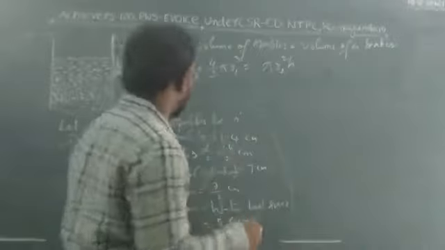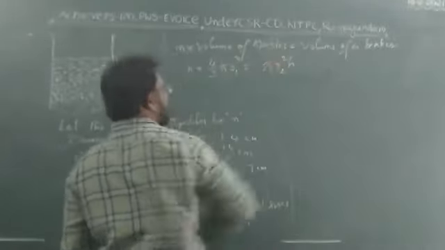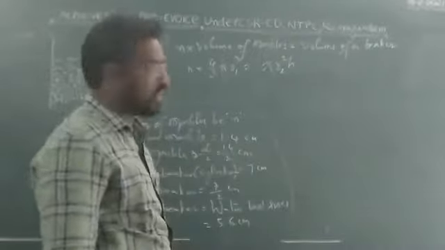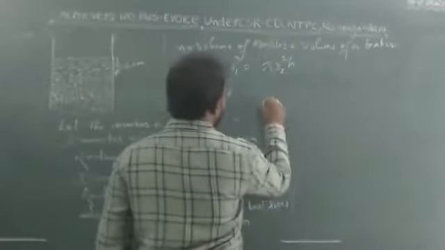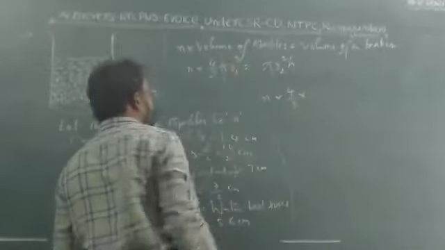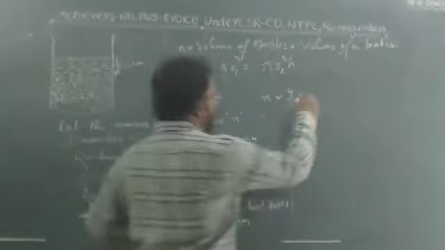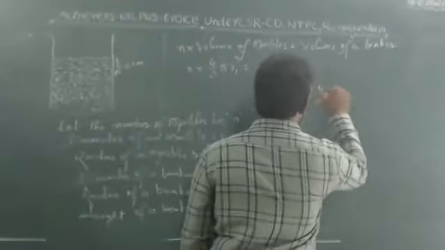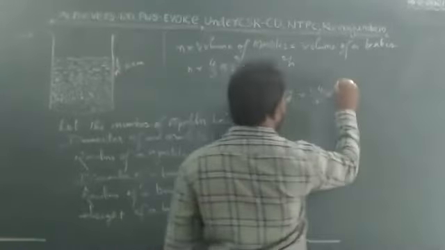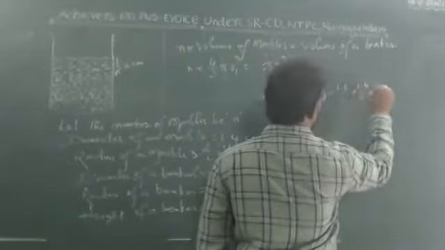Now substitute the values, and meanwhile see pi gets cancelled. Now n into 4 by 3 into what is the r value? The marble R value is 1.4 by 2, three times we have to take: 1.4 by 2, 1.4 by 2, 1.4 by 2.